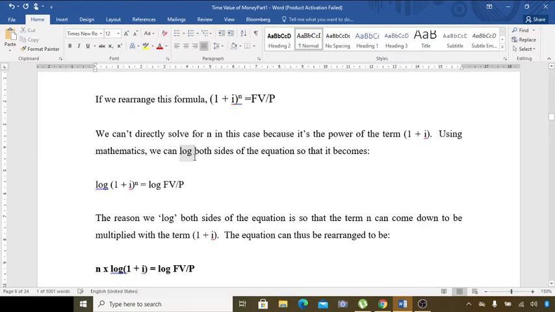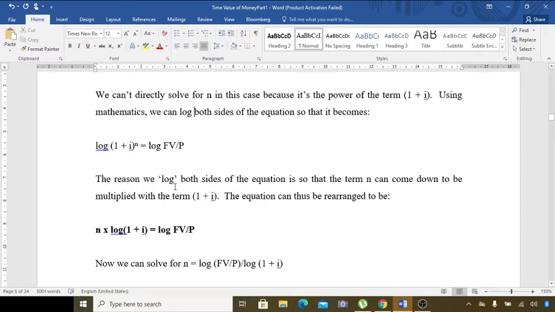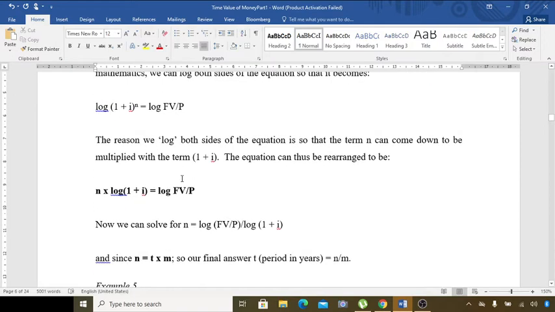If you log both sides, log of (1 plus i) to the power of n becomes log of FV divided by P. Why do we want to use log? The reason we log both sides is so that n, which was originally in the power, will come down.